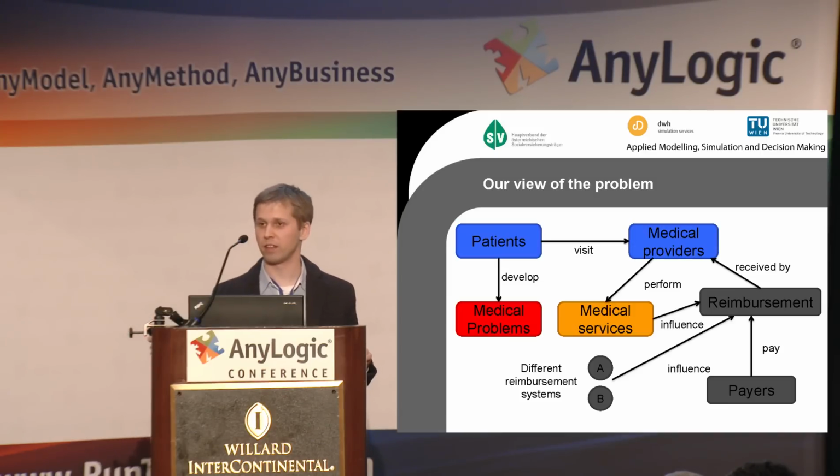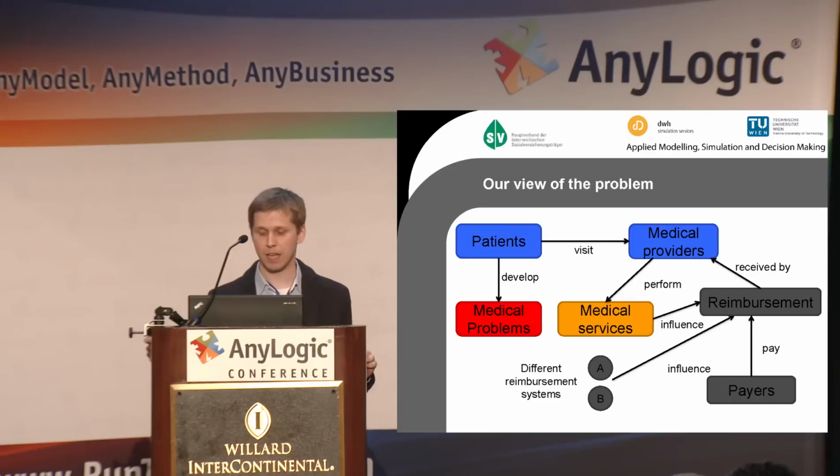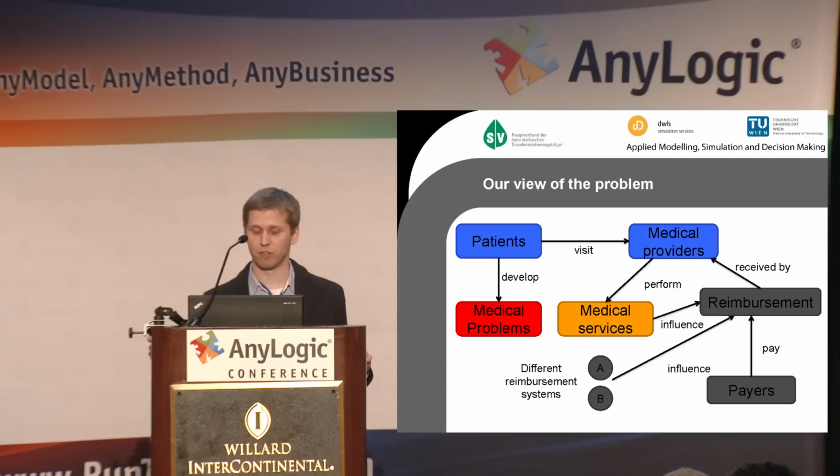And of course, the providers then get paid because of what they did and because of the patient visits, from the payers, which in the case of Austria is the social insurance. And the reimbursement, of course, depends on the different reimbursement systems. Is it the actual reimbursement system that is used now, or would there be a different reimbursement system?